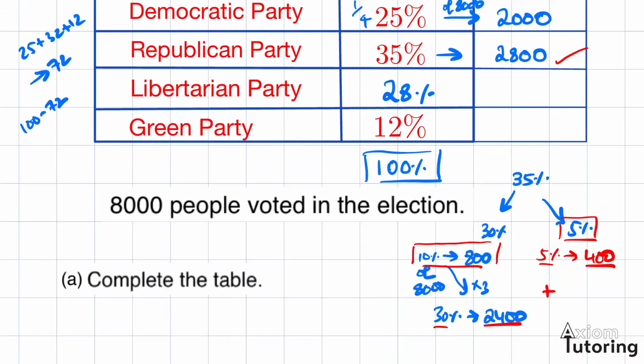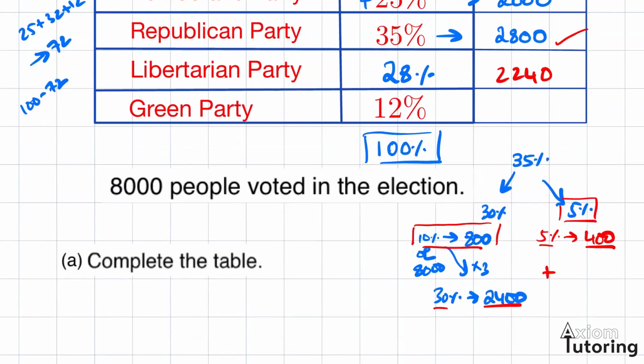Working out 28%, the answer that you should have gotten is 2,240. And 12%, you can work out 10%, assuming no calculator. 10%, again, is 800. 1% is 80.